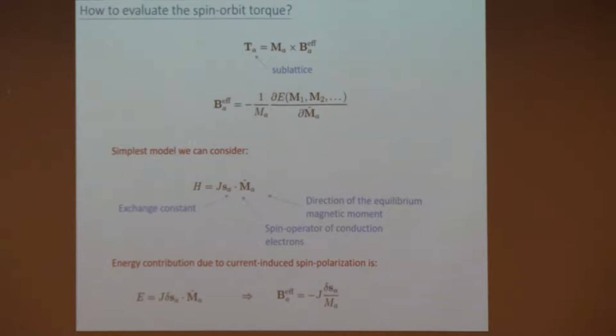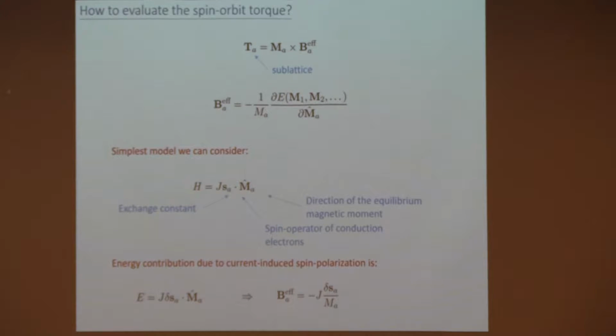And so in the simplest case which we can consider, there is this kind of coupling of the conduction electrons, where s is the spin operator of the conduction electrons, and the unit vector is just the direction of the equilibrium magnetic moment. This Hamiltonian is sometimes called the sd Hamiltonian. And this is quite simple. This is the simplest case we can consider, but qualitatively we expect this always to be the case.